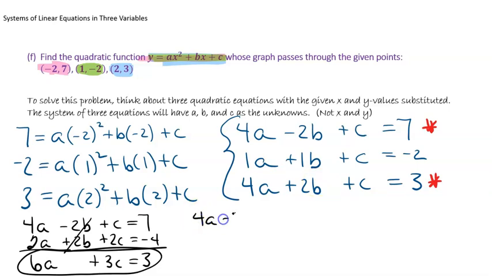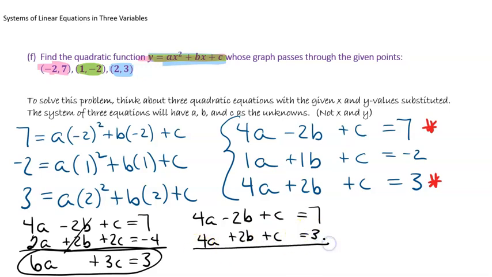Okay, so I'm just going to stack them up. 4a minus 2b plus c is equal to 7. And then the third equation, 4a plus 2b plus c is equal to 3. All right, so I add down, b's cancel.